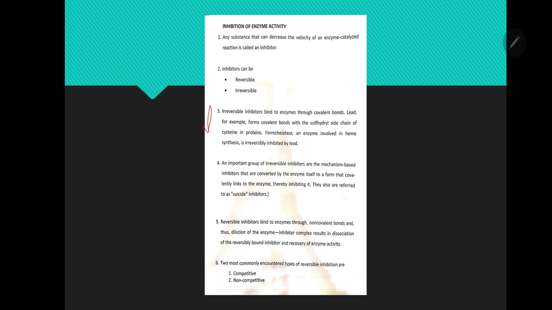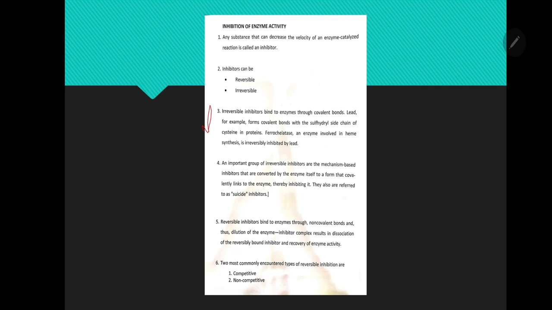Another important group of irreversible inhibitors are the mechanism-based inhibitors. In the first group, it was just connecting through covalent bonding, whereas in the second there is another group, the mechanism-based inhibitors. They are converted by the enzyme itself to form a covalent linkage to the enzyme, thereby inhibiting it. The enzyme itself is adjusting itself through a mechanism.